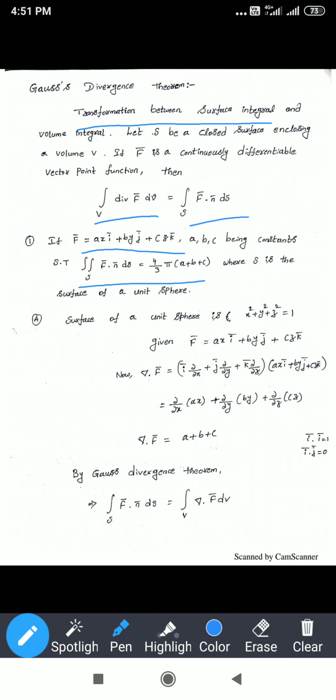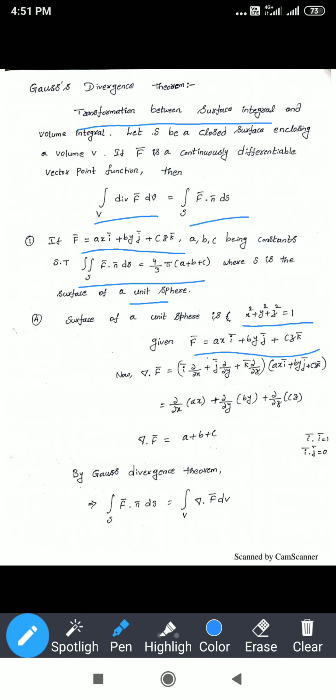This is important: unit sphere. Now come to the solution. This is the sphere equation, the surface of a unit sphere, and the given vector is this one.